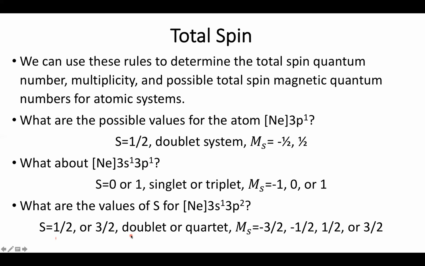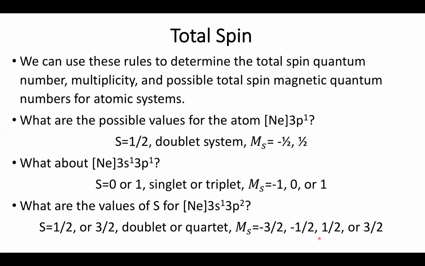And this corresponds to our doublet or our quartet states. Now, at this point, our potential magnetic spin numbers get a little bit out of hand with values ranging from -3/2 to 3/2. Though it is worth noting that if you have an odd number of electrons, you tend to not have a possible singlet state, or a magnetic quantum number of 0.